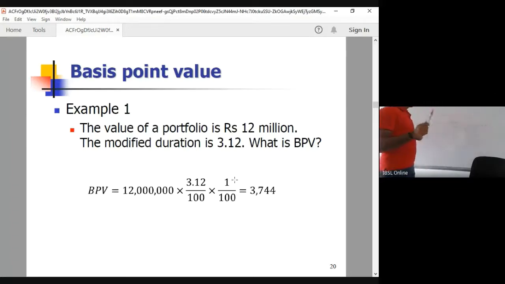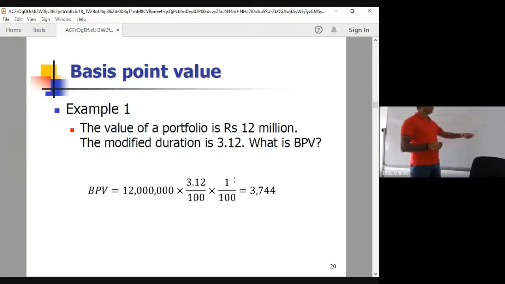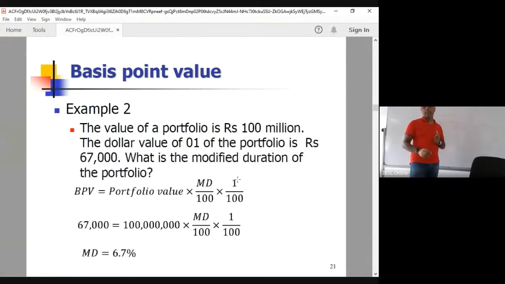If interest rates move by 1 basis point, this 12 million portfolio will move by 3,744 rupees. If interest rates move by 1 basis point, the value of this portfolio will change, higher or lower, by 3,744 rupees. Let's look at the second one, you'll get more clarity on that.